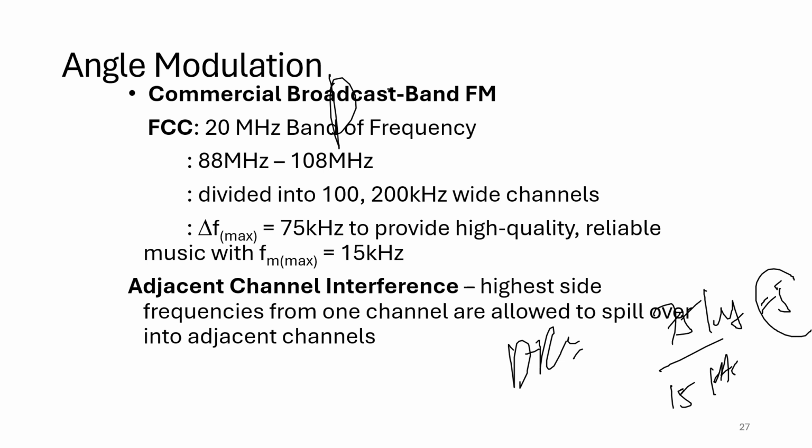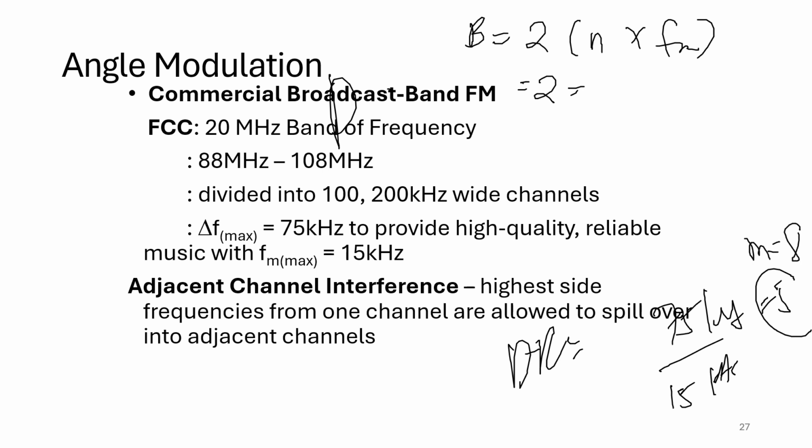So if we make use of the formula for the bandwidth, that means we have 2 multiplied by n multiplied by fm. According to the Bessel function, if we have 5 as your m, you will have 8 sidebands.